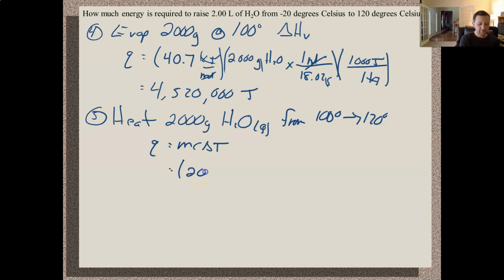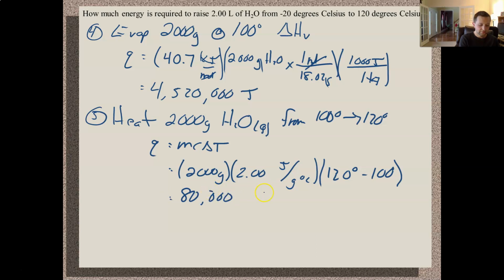You have 2,000 grams. Your specific heat has to be for water in the gas state, which I looked up. It's 2.00 joules per gram degree Celsius. And your delta T is 120 minus 100, T final minus T initial. Plug in your calculator, and you end up with 80,000. I'll put a line over that to give it an extra sig fig. 80,000 joules worth of energy.